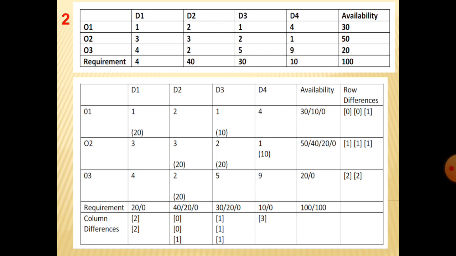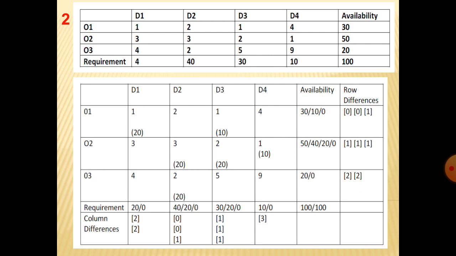Here unit cost values are given. Availability is given, requirement is given. Availability 30, 50, 20. Requirements are 20, 40, 30, 10. Note that point, it is not 4, it is 20, 40, 30, 10.